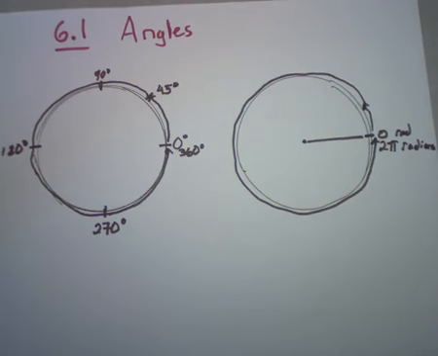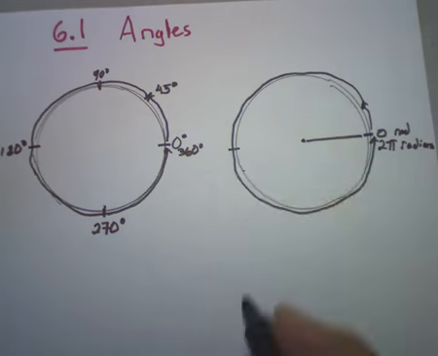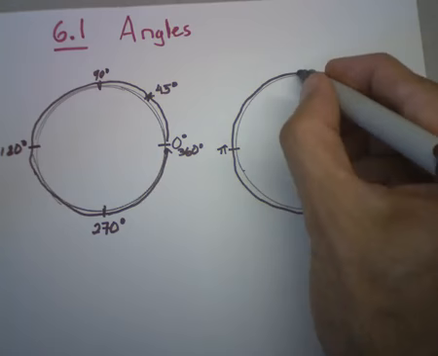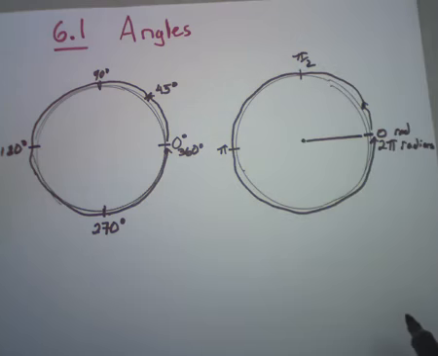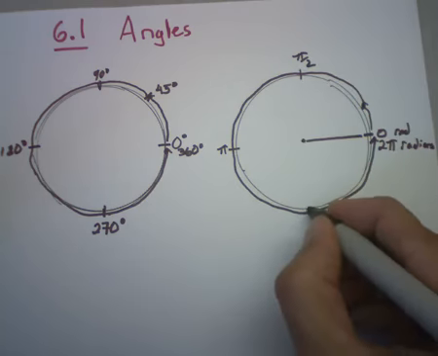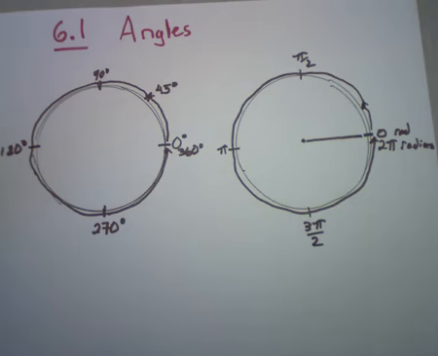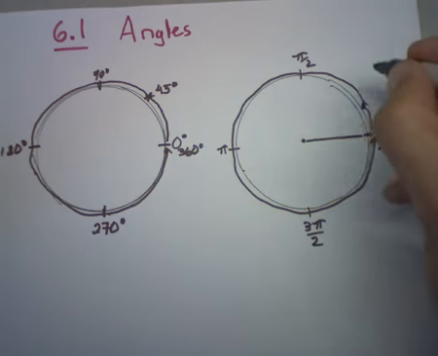And we can, again, just proportionally figure out that if all the way around is 2 pi, that halfway around must be pi radians. And this must be pi over 2. And at the bottom, we must have halfway between pi and 2 pi, which is 1.5 or 3/2 pi.